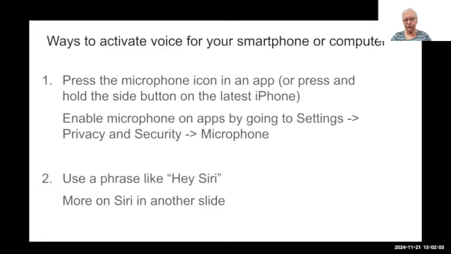The first thing is you have to check to see if your phone is set up correctly to do that. You're going to be pressing the microphone icon in an app, or pressing and holding the side button on the latest iPhone, and make sure you have enabled microphone on apps by going to Settings, Privacy and Security, Microphone. Or you might be using a Hey Siri phrase.